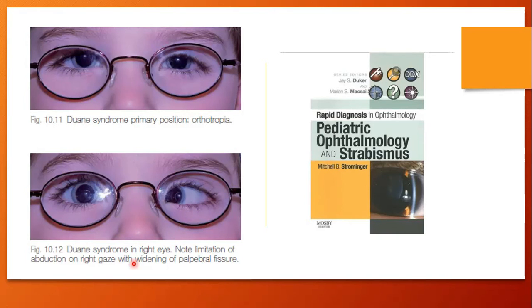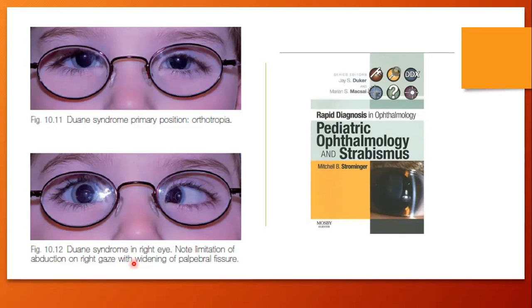recap the findings again. So in the top photo, we have a child wearing glasses with central corneal reflection, central Hirschberg in both eyes. So it seems to be an orthotropic patient, and the pupils are pharmacologically dilated. In the bottom photo, this is dextroversion.